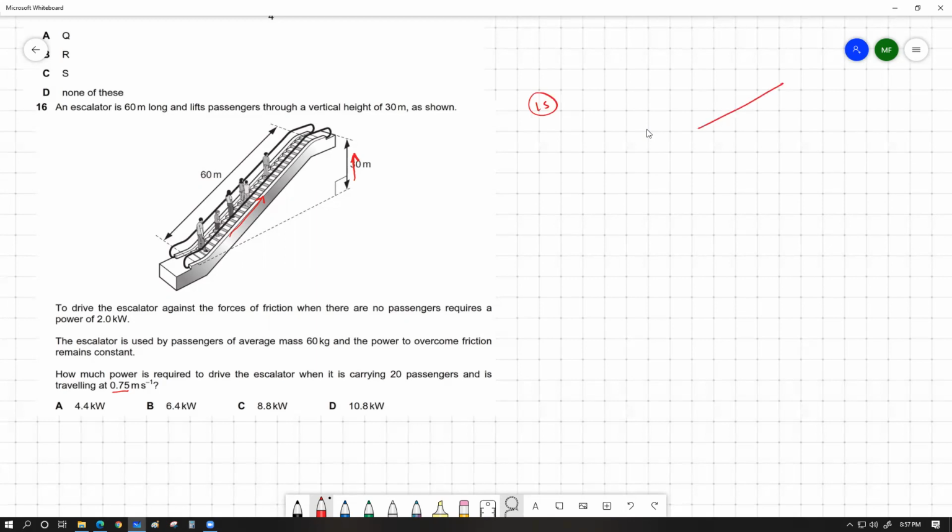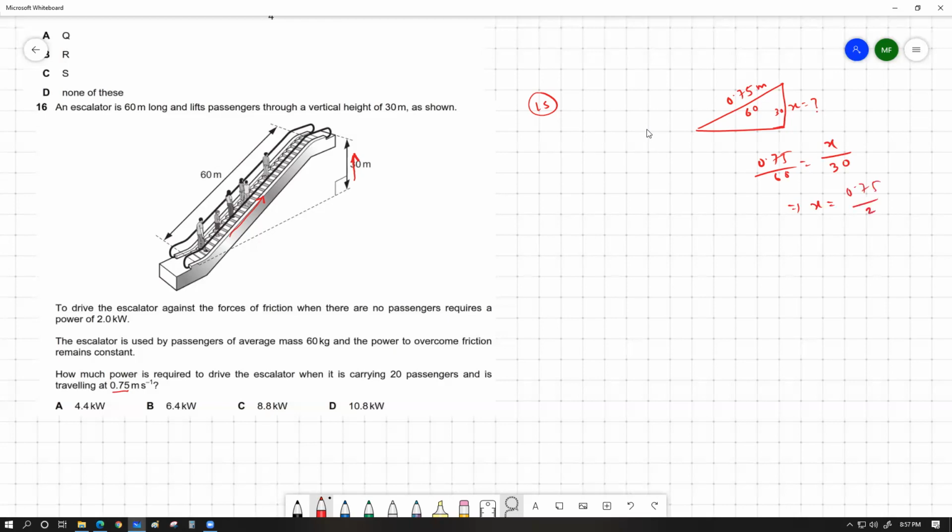In 1 second, it moves diagonally by 0.75 meter. I want to find out how much this should be. The question tells me when this is 60, this part is 30. So I'm going to go by equal ratio. 0.75 divided by 60 should be equal to x divided by 30.